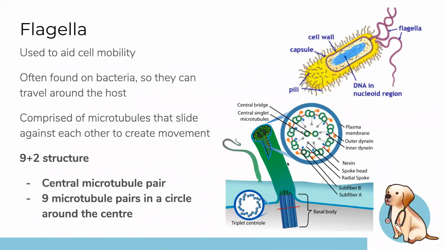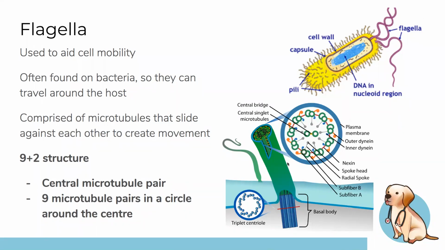Flagella are long wiggly things that help cells move around, like what you find on sperm cells. The important thing is that it's a 9+2 structure.